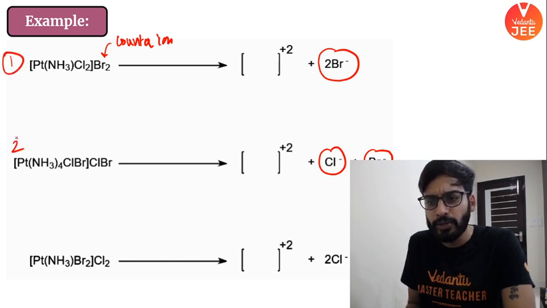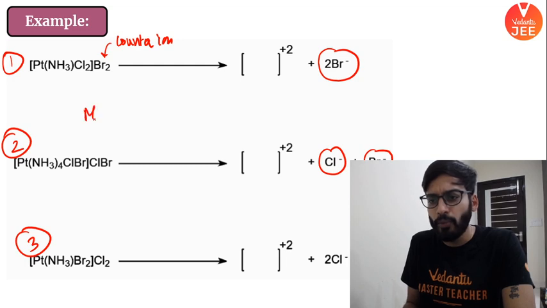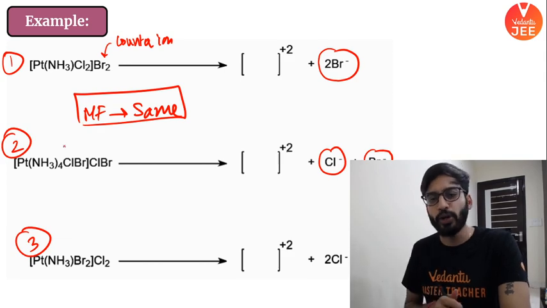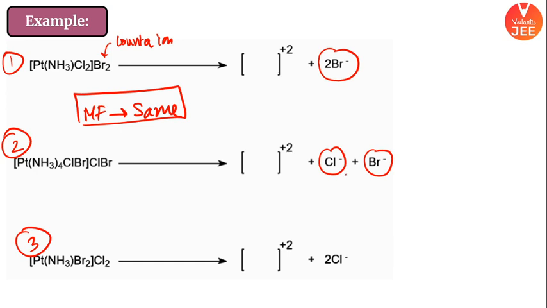1, 2, 3. If you notice, the molecular formula is same for all the 3 complexes. Molecular formula हर जगह same है, ठीक है? But in the first one you are getting 2 Br minus. In the second one you are getting Cl minus and Br minus.